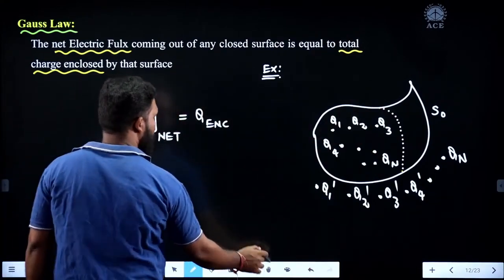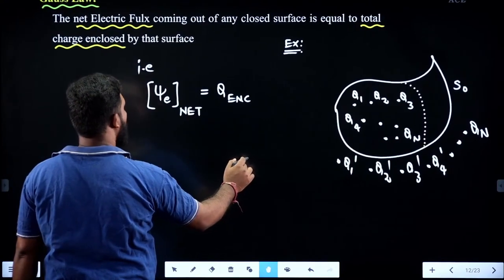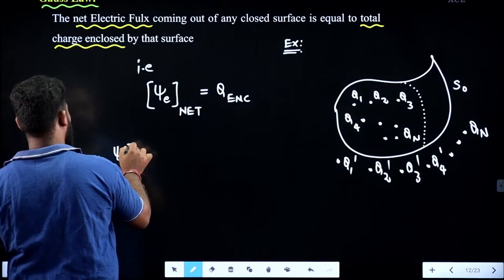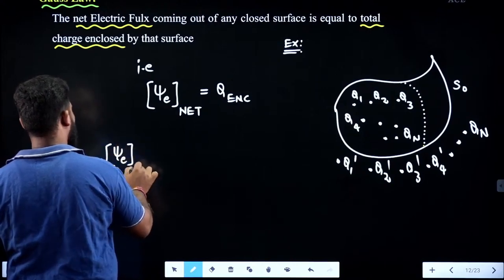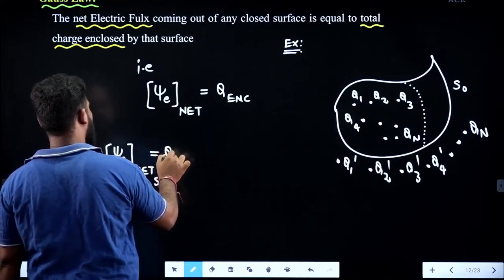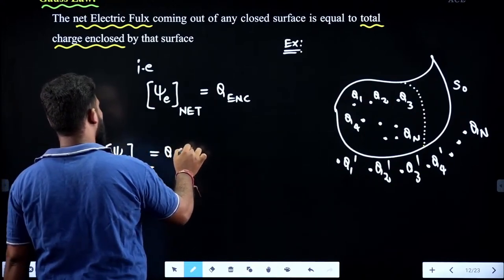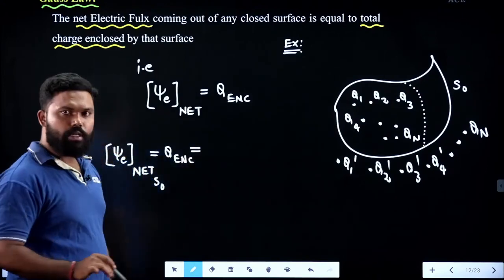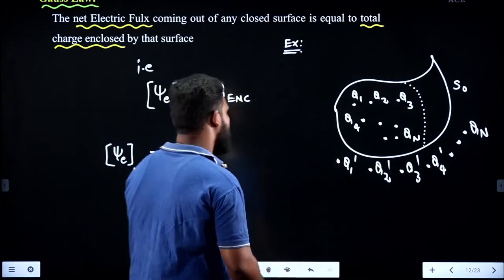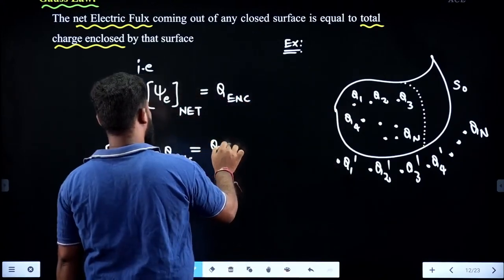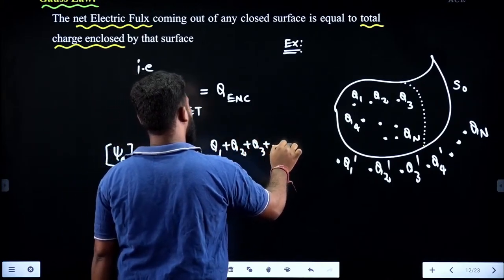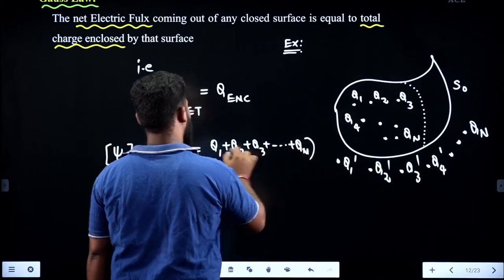The net electric flux coming from the S0 surface is equal to charge enclosed, Q enc. What is the charge enclosed by the S0 surface? Charge enclosed means the charge which is inside. So here it is Q1 plus Q2 plus Q3, and so on up to Qn.